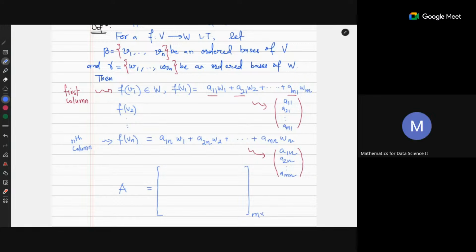So it is m cross n. First column is A11, A21, up to Am1. Second column would be A12, A22, up to Am2. And the last will be A1n, A2n, up to Amn.